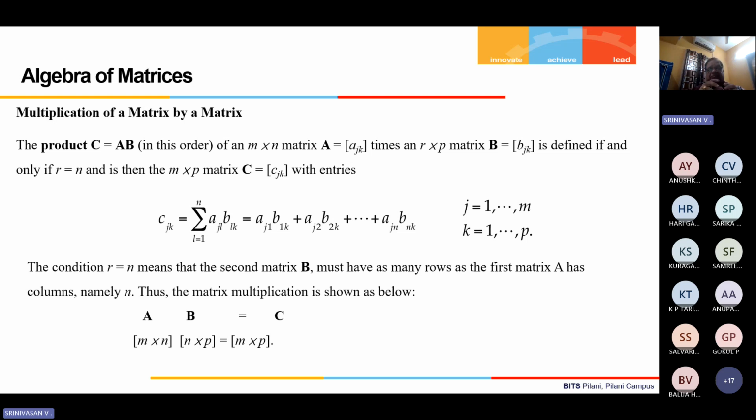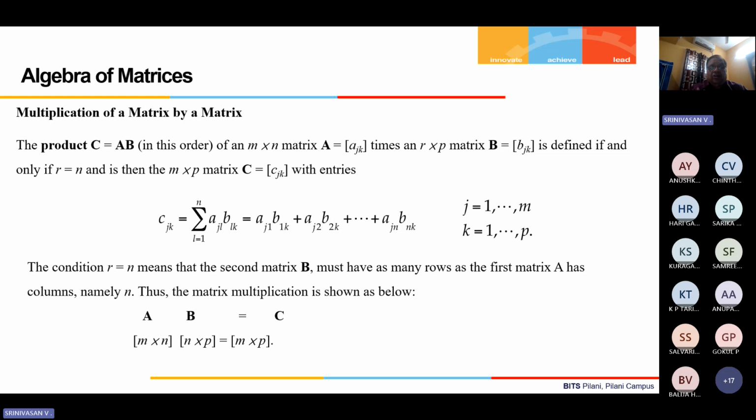Now an m by n matrix A being multiplied by an r by p matrix B is defined, that is, such a product is defined, if and only if r equals n. What is r here?